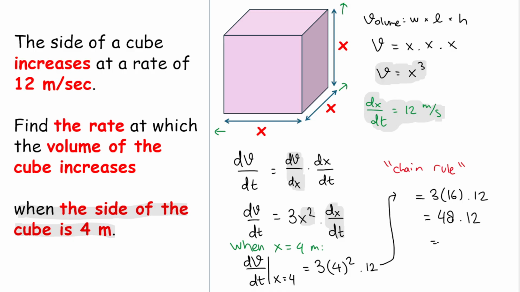And what is 48 times 12? Maybe I don't want to use a calculator. Let's just do it here. 48 times 12. Here we will have 6 and carry 1. So we'll have 96 and then 48 like this.